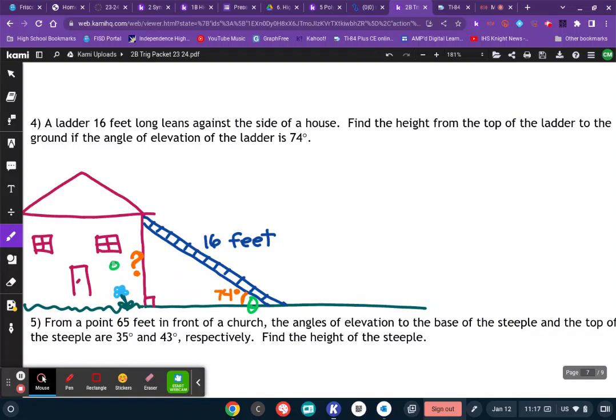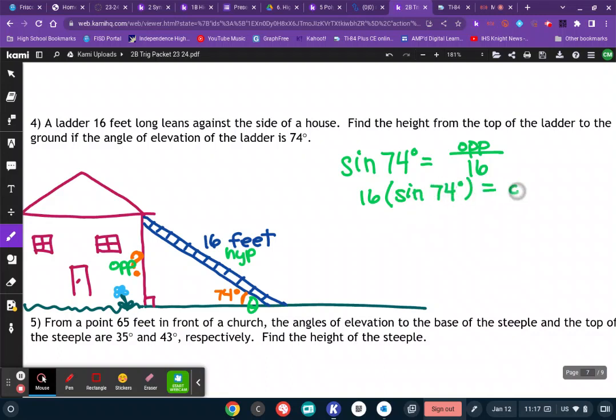Opposite is the one I want to find. Hypotenuse I know. Sine of 74 degrees is opposite side over 16. And what did we get from our calculator? Good.